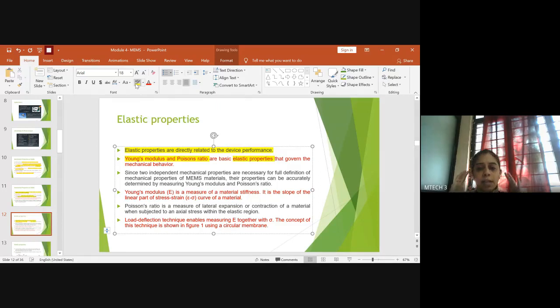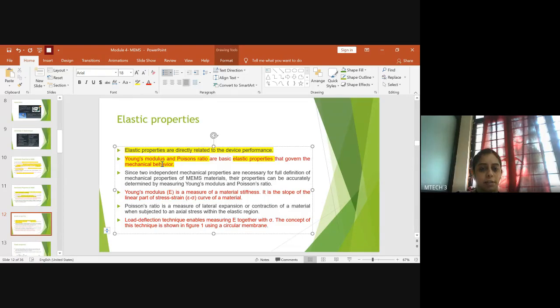Whenever elastic property comes to mind, you should think about its Young's modulus and the Poisson ratio, because this mainly governs the mechanical behavior of the device. So you should be very keen in determining these two values.